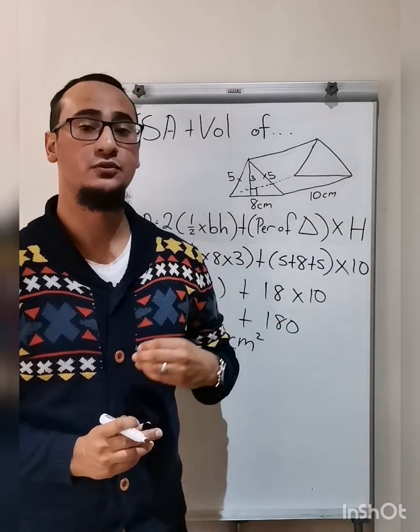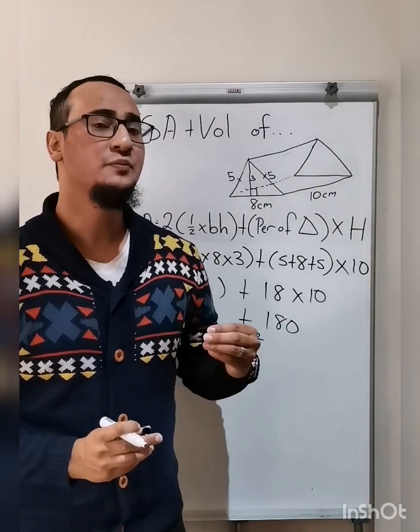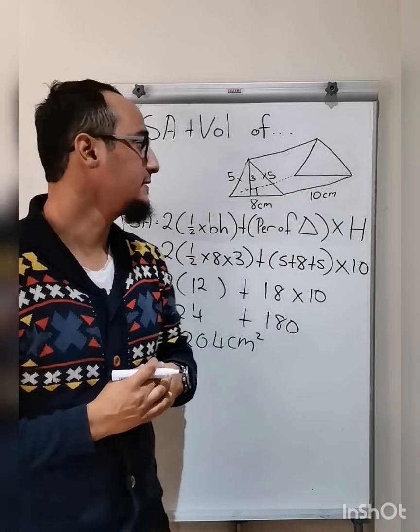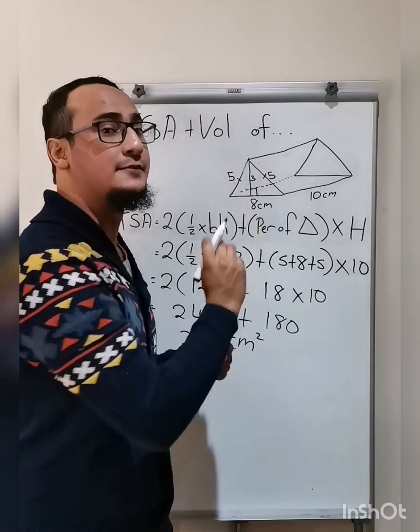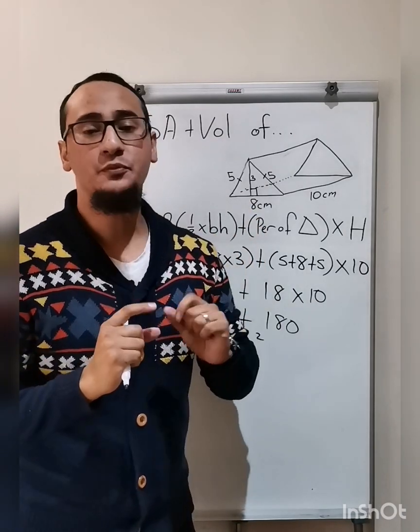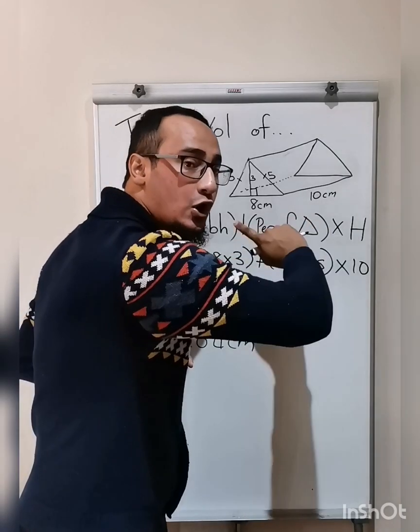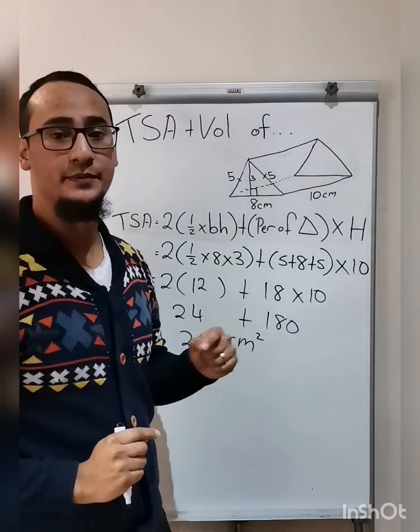Now let's move over to the volume. Now the volume is the space inside of my prism. In this case, it's a triangular prism. Volume is the area of the base multiplied by how long or the height of the prism.